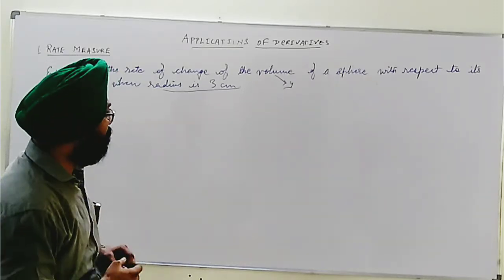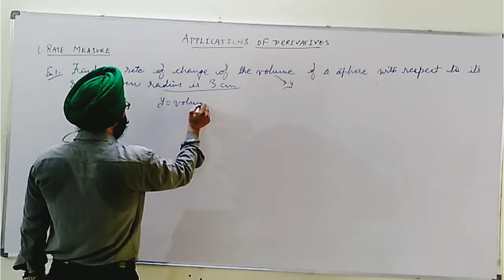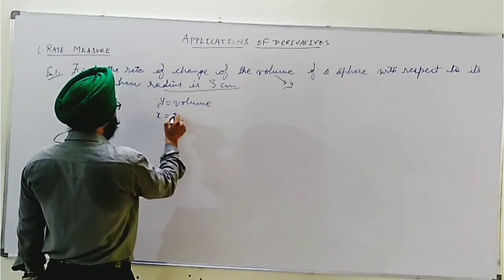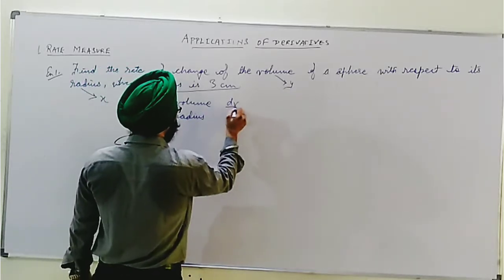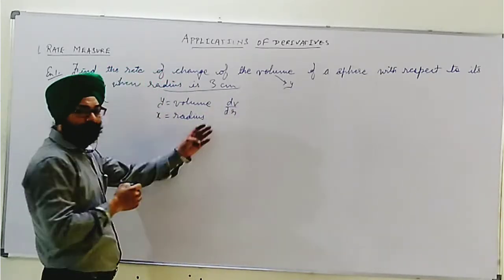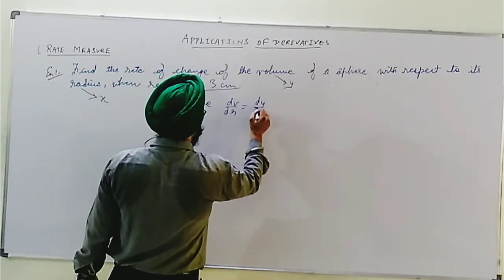Okay, means required change. If I write that y be the volume and x be the radius, then dV by dr is the required thing. You can express it as dV by dr, doesn't matter. This will actually be equal to dy by dx.